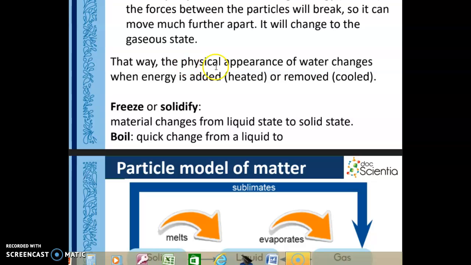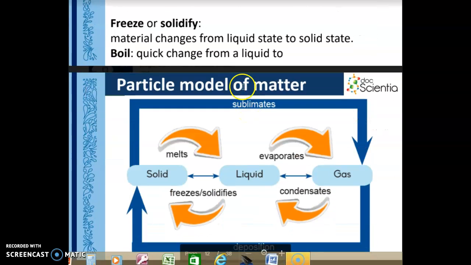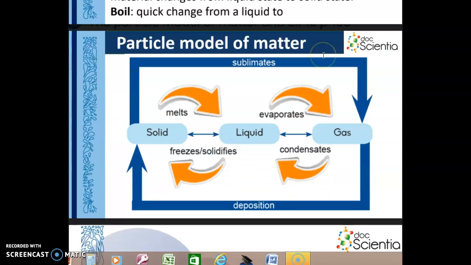That way, the physical appearance of water changes when energy is added or removed. So when you freeze something, you change it from a liquid state into a solid state, and when you boil something, you go from a liquid state to a gaseous state.